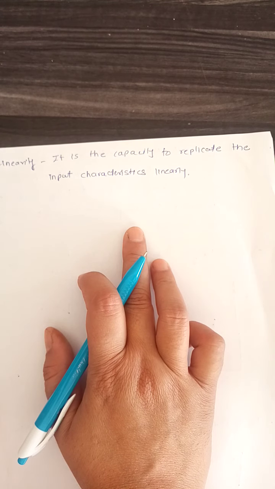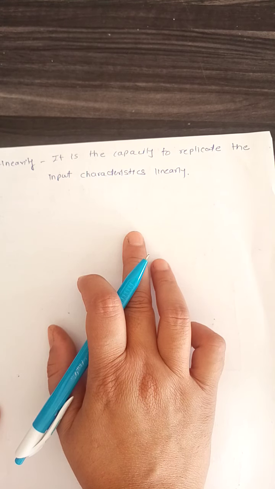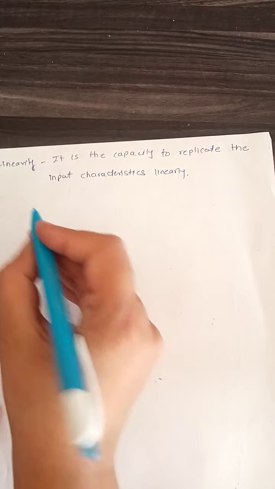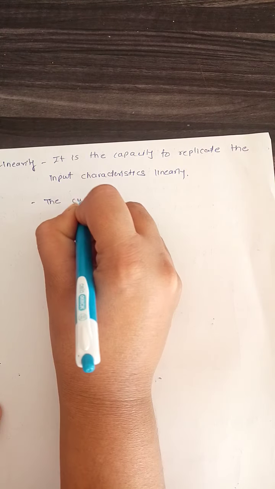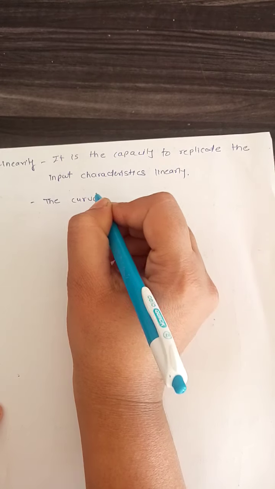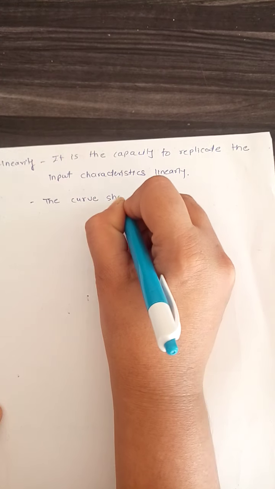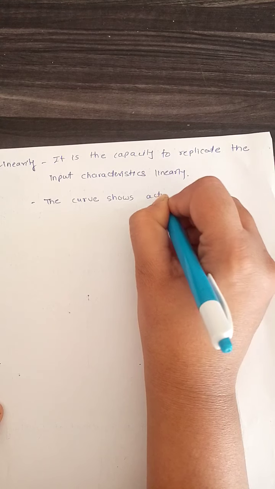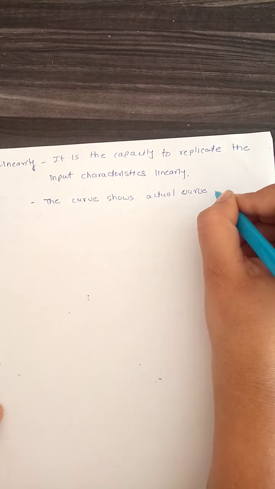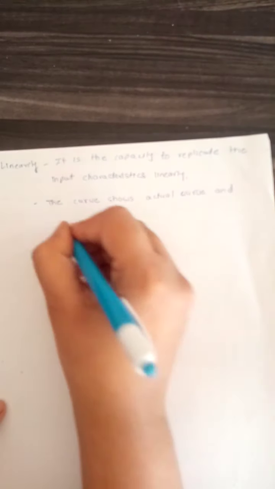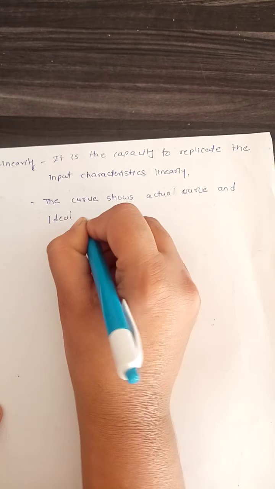Then the curve shows the actual curve and the ideal straight line.